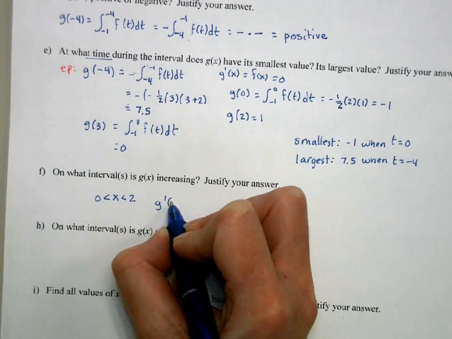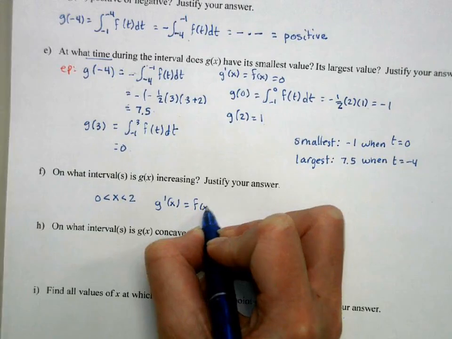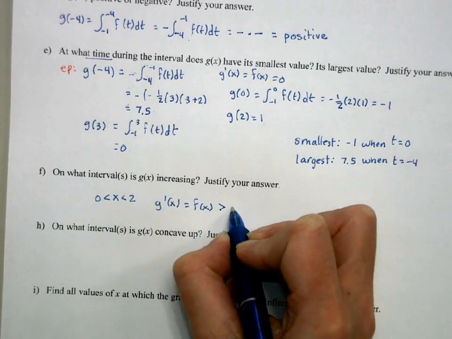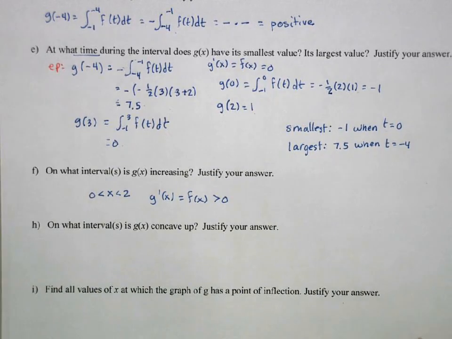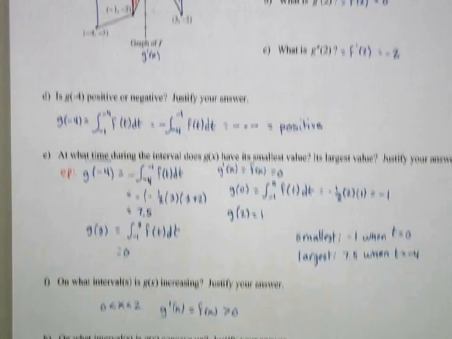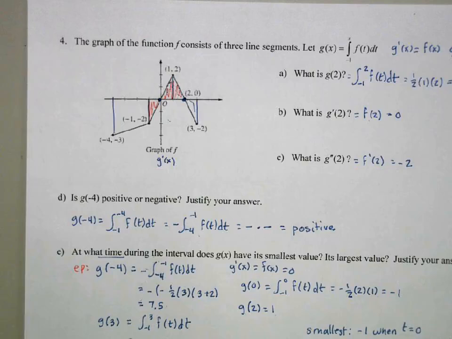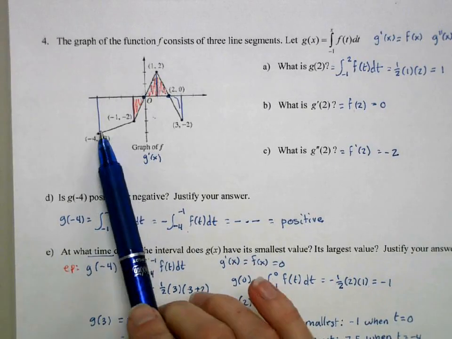Concavity is going to be the second derivative. So the second derivative is going to be the first derivative of what I'm looking at here. So when this graph is increasing, that means my second derivative of g is positive. When this graph is decreasing, that means my second derivative is negative.